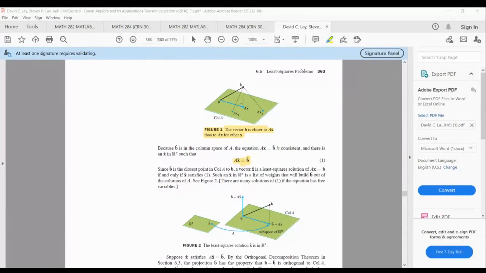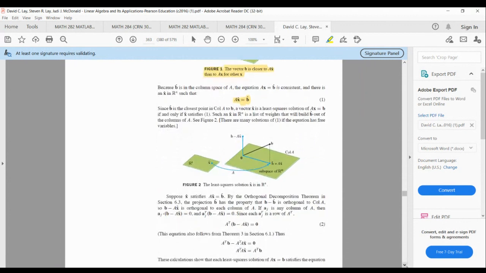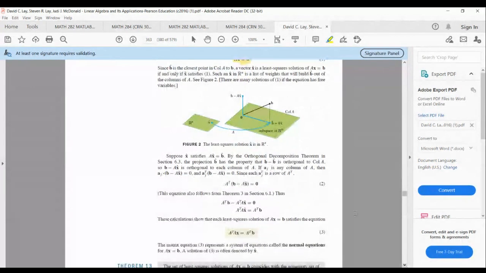And so what they did was they noticed that every column vector a sub j of the matrix A is orthogonal to the difference between the vector b and A times x hat. That's that vertical vector.